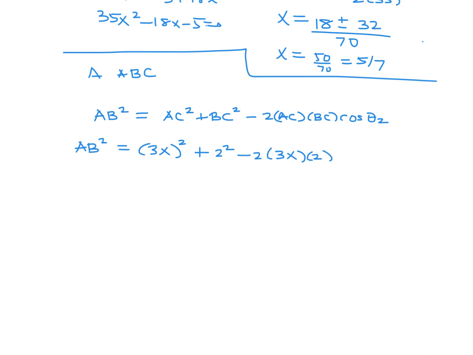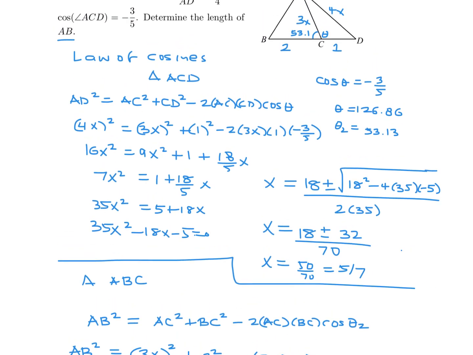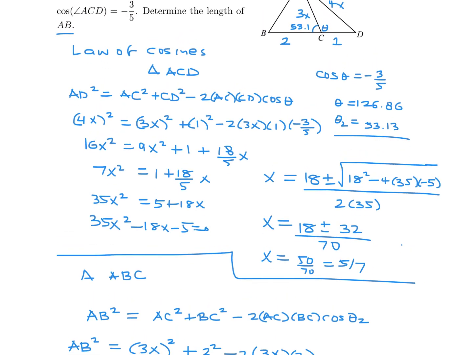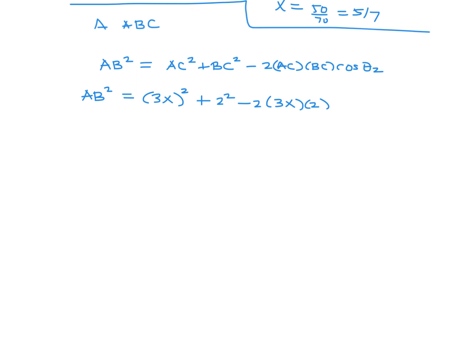We figured theta 2 out up here, so just take the cos of that with your calculator, and it's going to be 0.6, or 3 over 5. And we know x, so we should be able to figure this out. AB squared is going to be 9 times 5 over 7 all squared, plus 4, minus 12 times 5 over 7 times that 3 over 5.